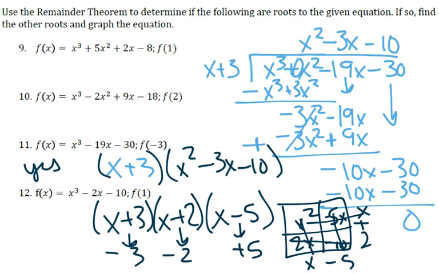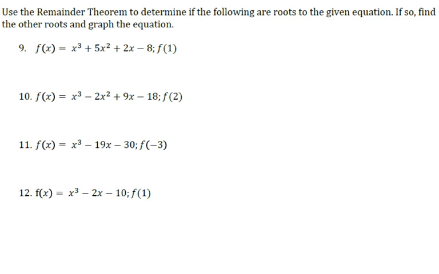Okay, so that works really well for finding the other factors. If all you were doing was looking for the roots on 10 and 12, you could just plug this in for x and see if it comes up to equal 0.